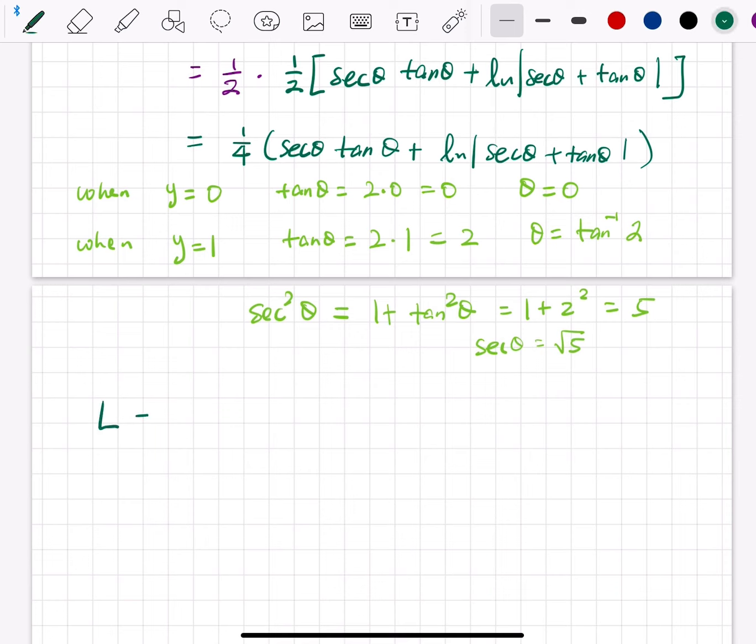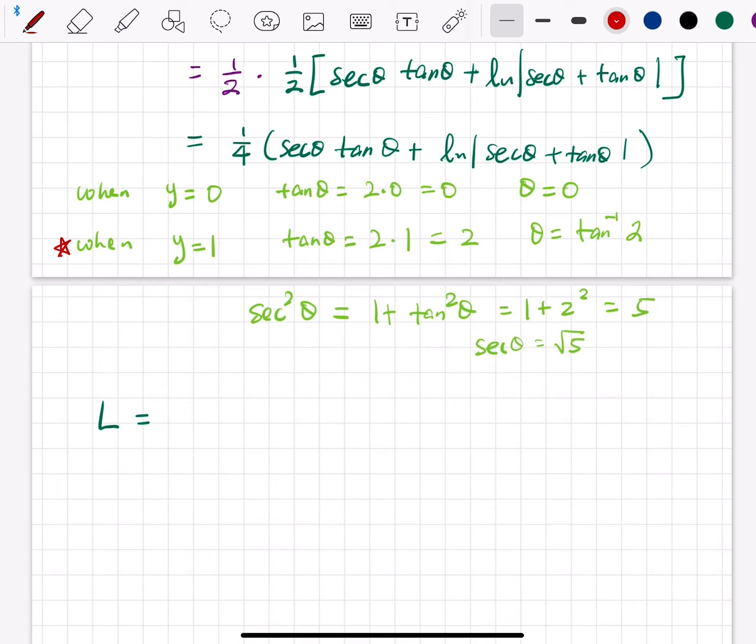So L is going to be 1/4. Let me use different colors. When y equals 1 and when y equals 0.